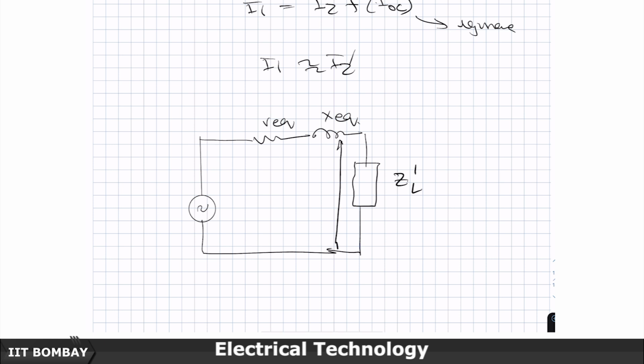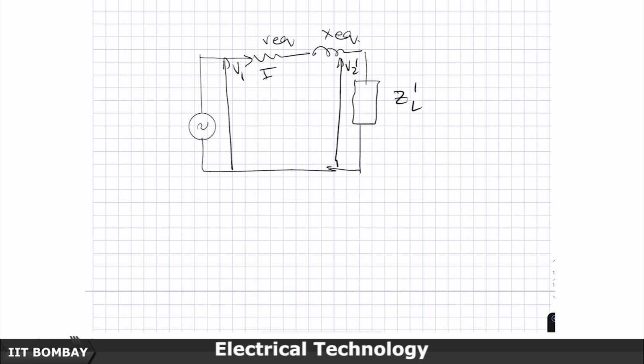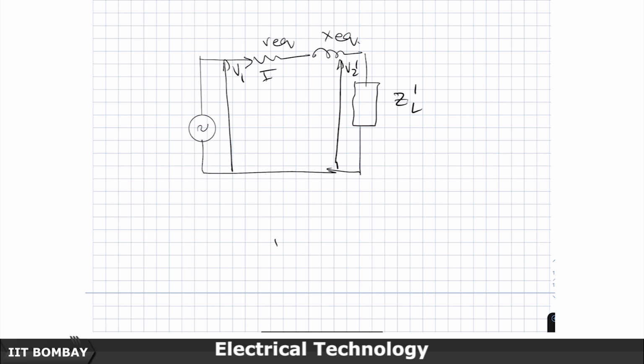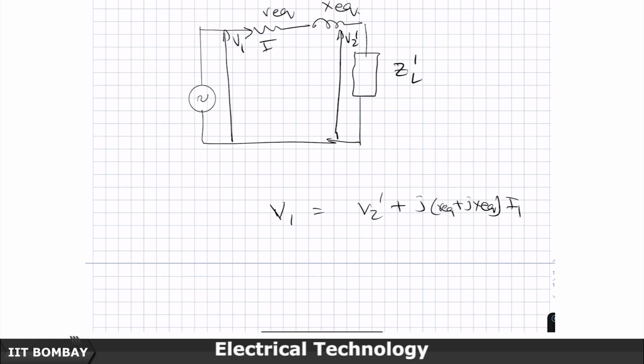This is your V 2 dash, this is your V 1, this is the current drawn, and so you get V 1 is equal to V 2 dash plus (R EQ plus j X EQ) times I 1 or I 2 dash, whichever way you want to write it, and a very simple model comes out.